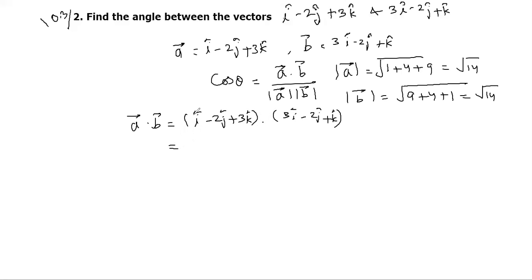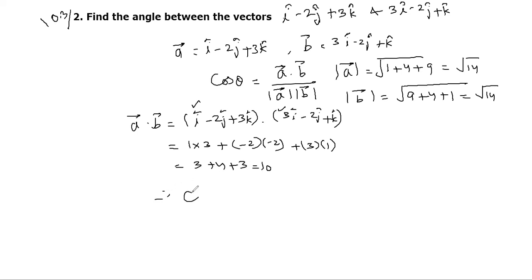When we are doing the dot product, only their coefficients will multiply. 1 will multiply with 3, plus minus 2 will multiply with minus 2 because the coefficients of j are minus 2, and 3 will multiply with 1. 3 ones are 3, minus 2 times minus 2 is plus 4, plus 3. So it is 10.